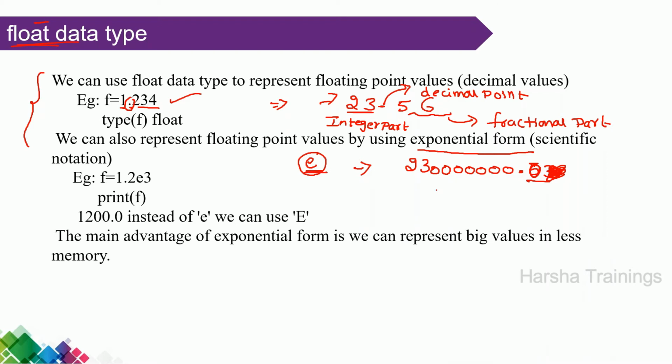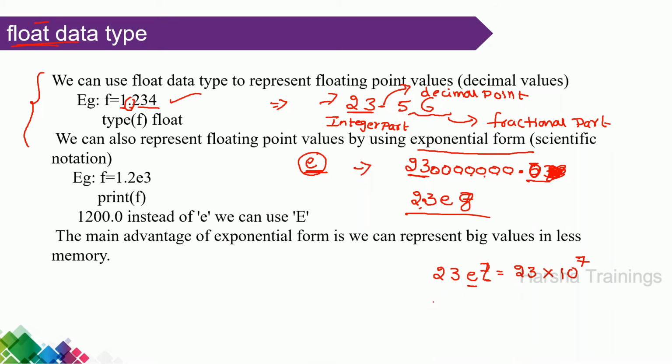E is called the exponent symbol. Consider the number 23000000. Simply write like this: 23E7 or 2.3E8, in any fashion. If you write 23E7, the meaning is 23 into 10 power 7, where E specifies 10 and 7 specifies the power.